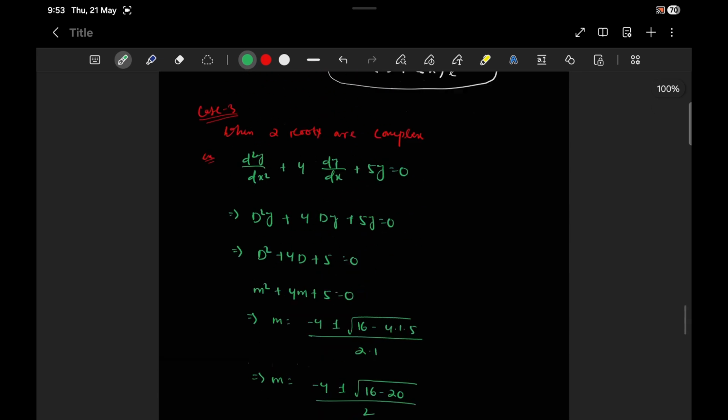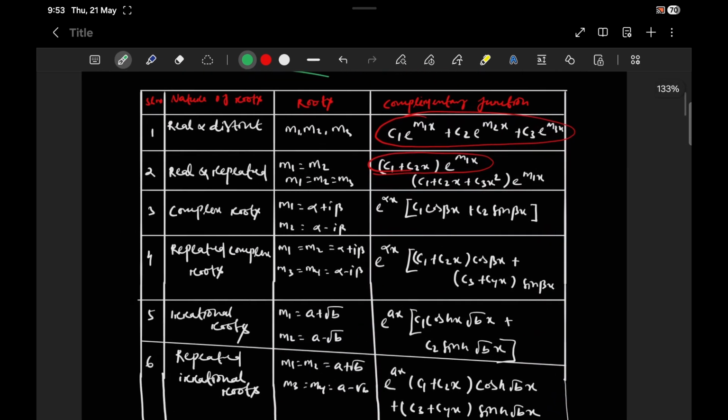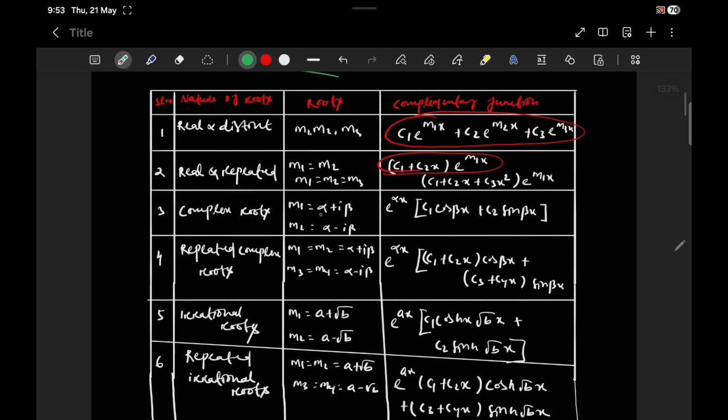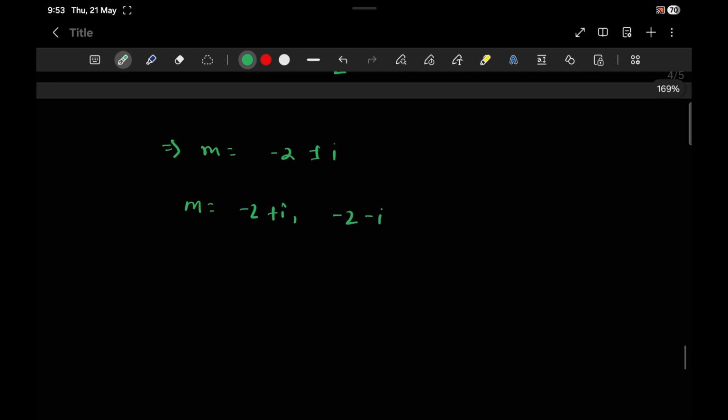So according to our rule 3, we have alpha plus i beta and alpha minus i beta, where the complementary function is e to the power alpha x into c1 cos beta x plus c2 sin beta x. Here alpha is equal to minus 2 and beta is equal to 1.